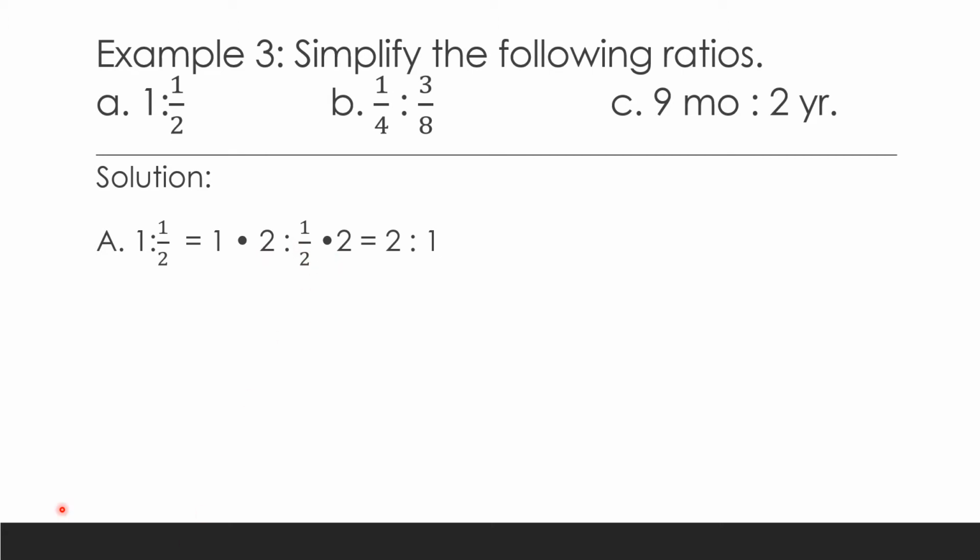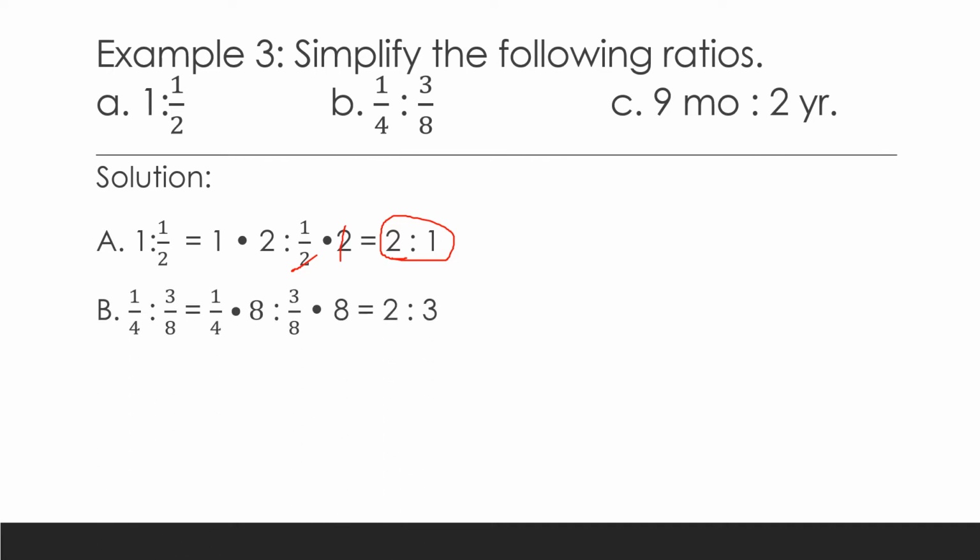So 1 times 2 is 2, then we cancel this. Therefore, 1 times 2 is 2, and 1/2 times 2 is 1. So 2 is to 1 is the answer.